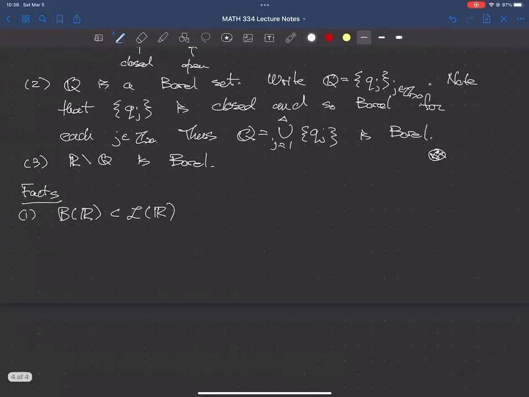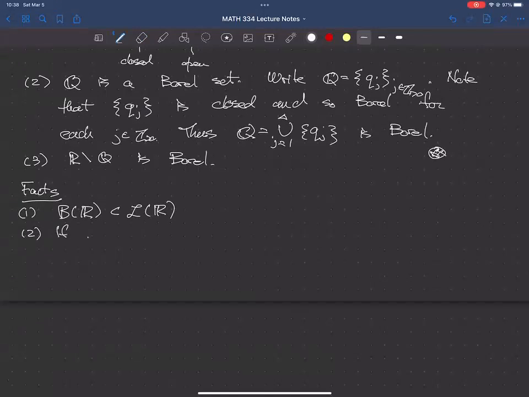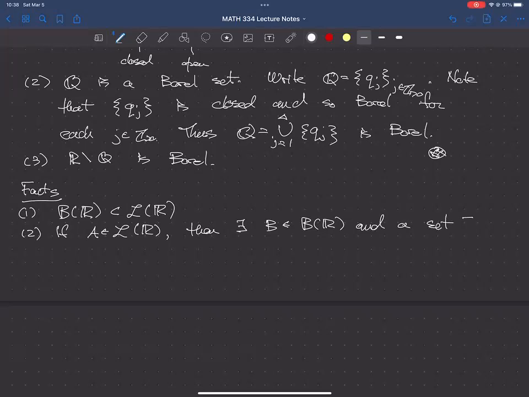However, although there are Lebesgue measurable sets that are not Borel sets, if A is a Lebesgue measurable set, then there exists a Borel set B and a set Z in R with lambda of Z equals 0.